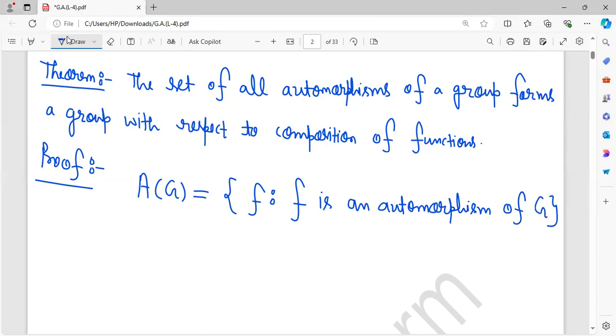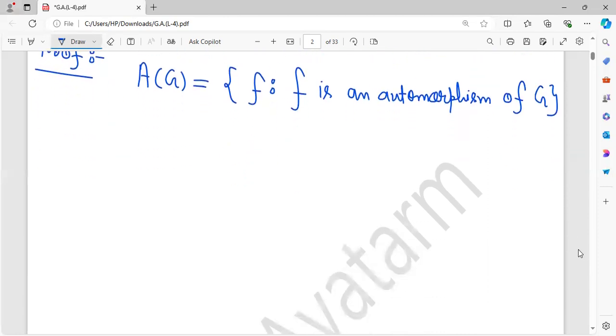So G is a group here, and I'm writing A(G) is equal to the set of f such that f is an automorphism of G. Okay. So what is the operation here? It is composition of functions.